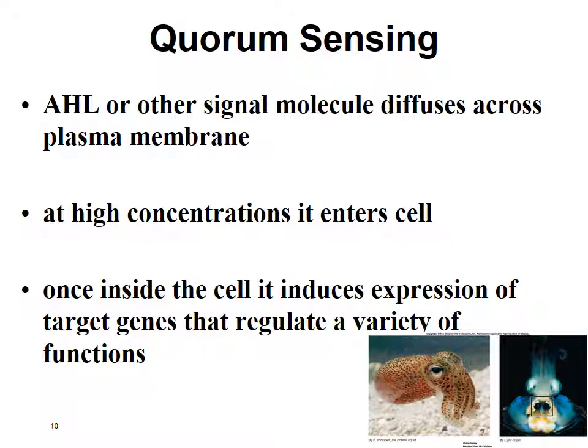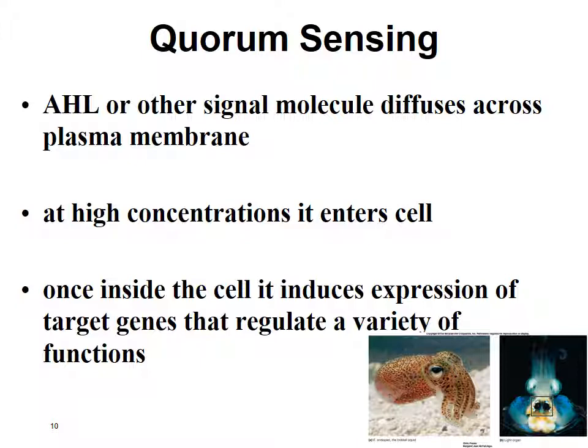So how does quorum sensing work? Well, in many of these species of microorganisms, the AHL or other signal molecule is freely diffusible across the plasma membrane. So when cell density is low, the molecule just diffuses out of the cell into the immediate environment.